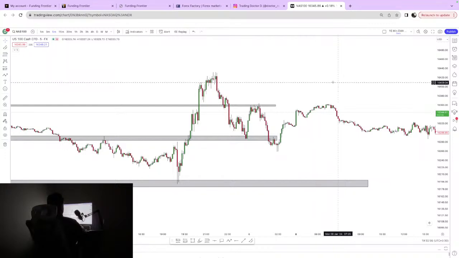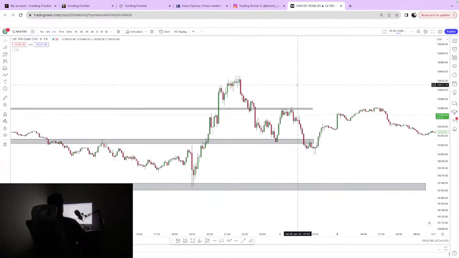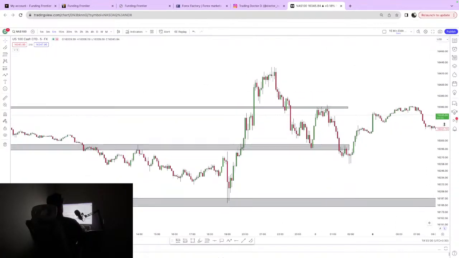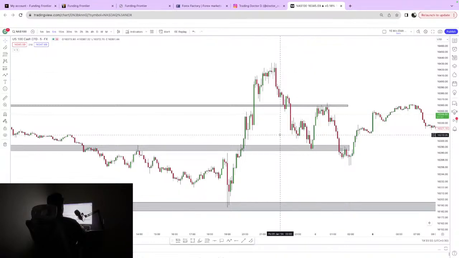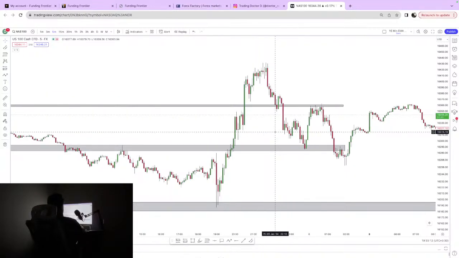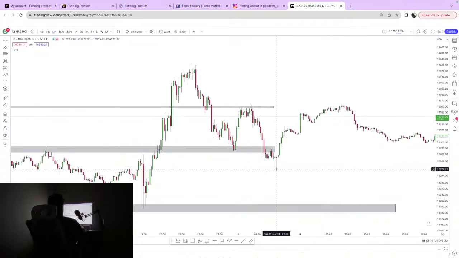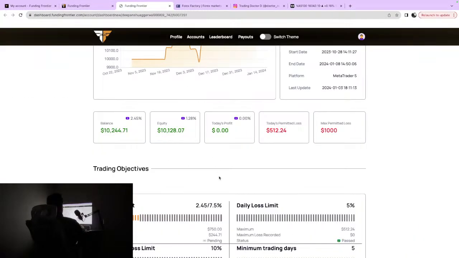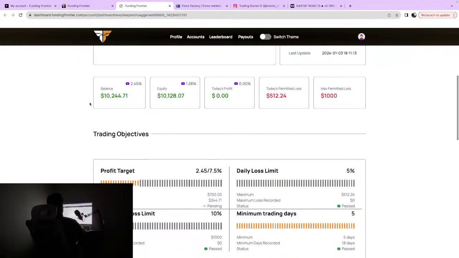As you know, we start with a recap. We drew some levels and made analysis, but we didn't take any trade, because this was the point where I told you that no entry would be coming, and we left it. Let me show you the dashboard. The balance is not updated.